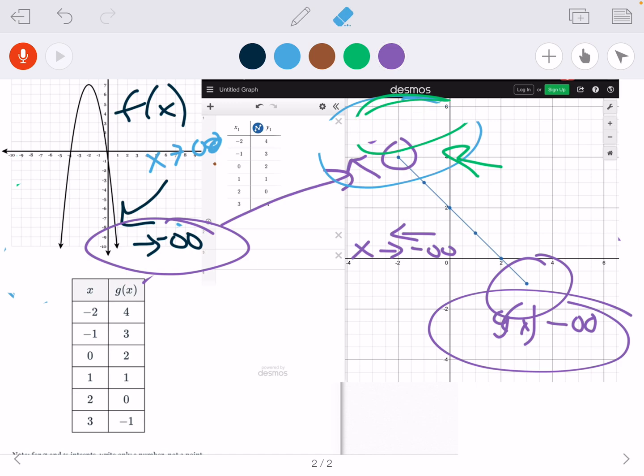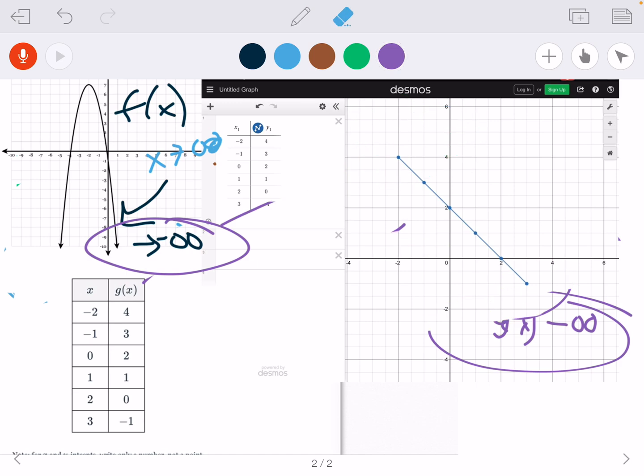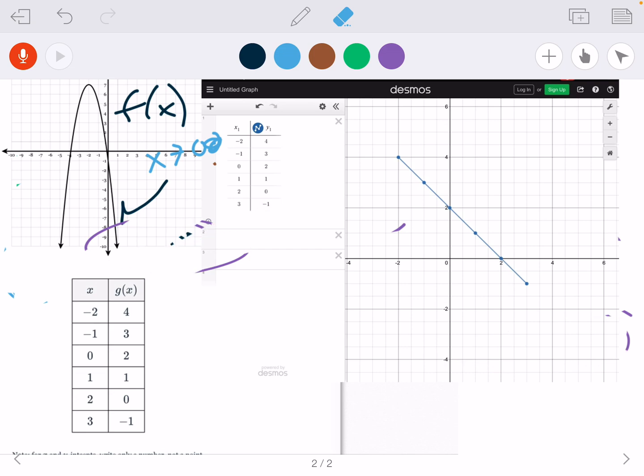I know this is a lot of color coding and listening to me, but I'm trying to get you to see how to compare two different graphs using different questions, and that you can use the tools available to you to answer those. Just take the time to use them. I hope this made sense to you and was helpful.